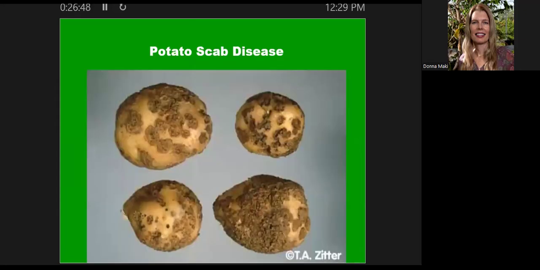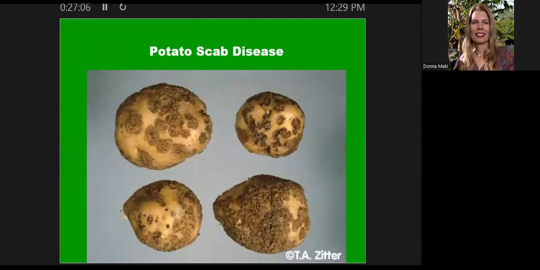How about this one? Would you want to eat it? No. I bet you know what it is. This is potato scab disease, and this is a large part of what I was doing with my postdoc. We were trying to solve this issue.